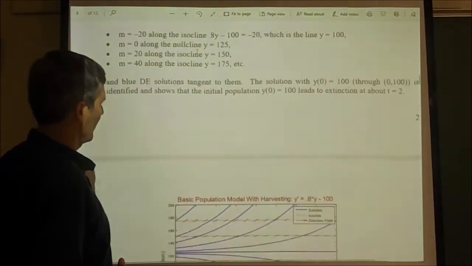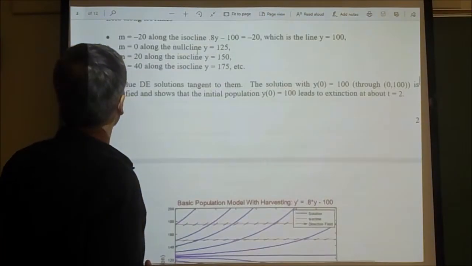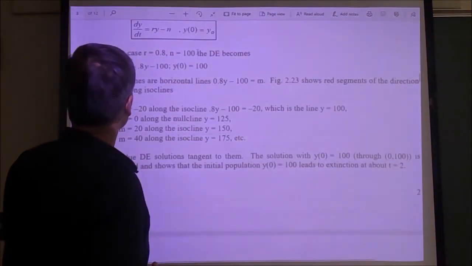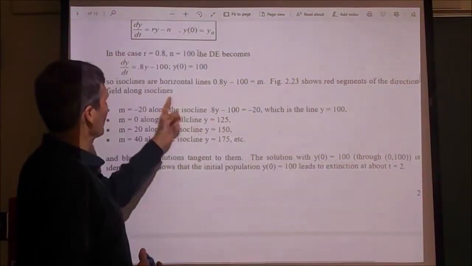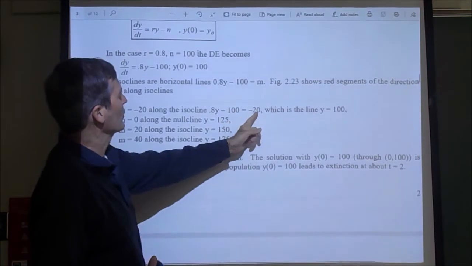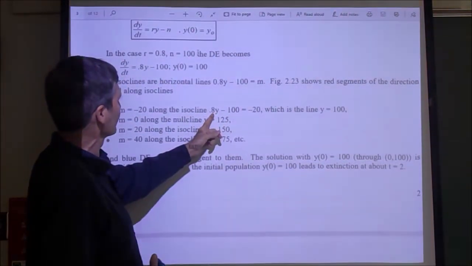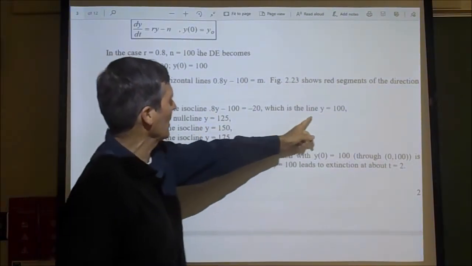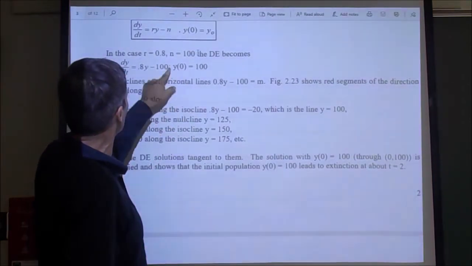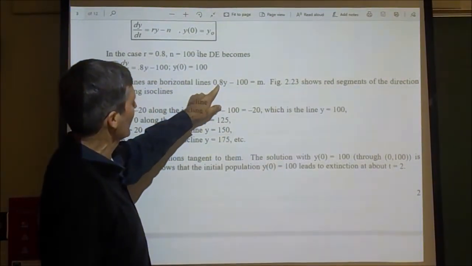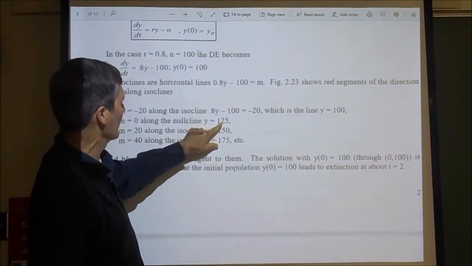And so here it is. The isoclines for this one are easy. Put m equals minus 20 and you get 0.8y minus 100 equals minus 20. Well, that's a line, y equals 100. And if you put m equals 0, then you get 0.8y minus 100 equals 0, the horizontal line y equals 125.